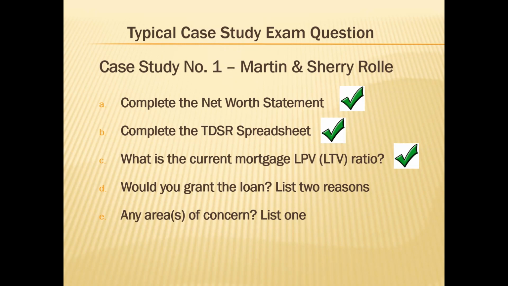Then they moved to 30 and 40. Then 32 and 42. Then it moved to 35 and 45, and it's been there for a good little while. So now we've moved the bar again to 50% total debt service ratio.